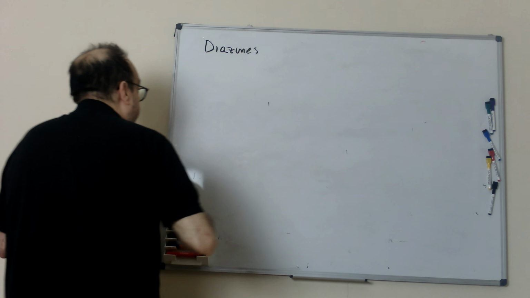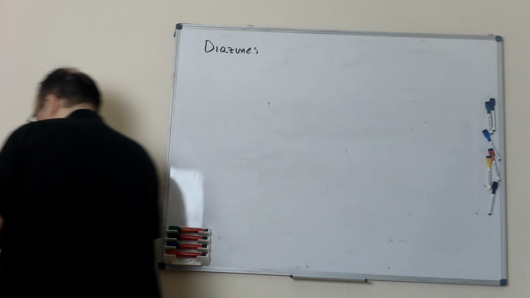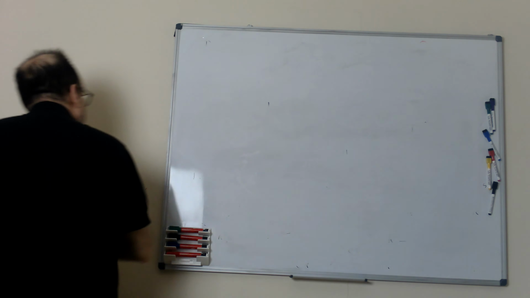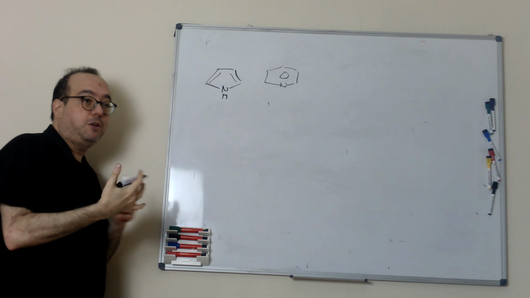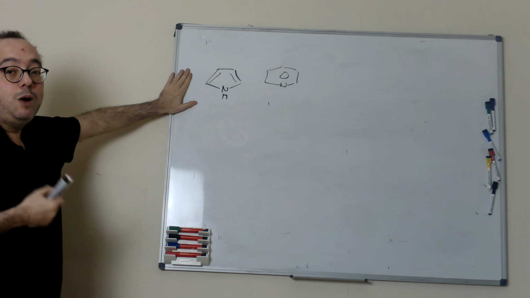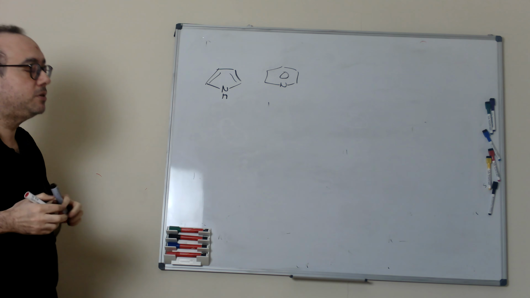Basically we have two basic compounds, pyrrole and pyridine. All the other compounds will be combinations of pyrrole and pyridine with some other things. What we have to check to know if a nitrogen heteroaromatic compound is basic or not.